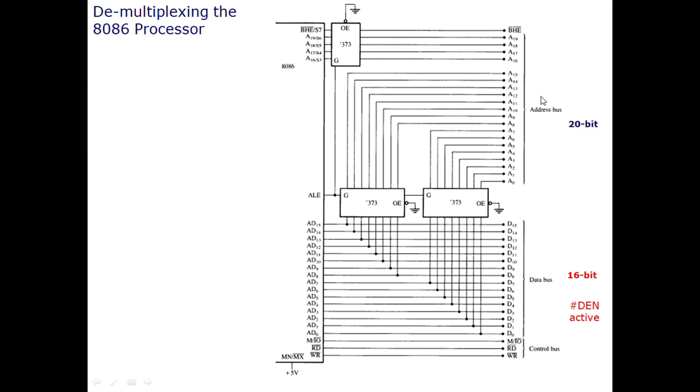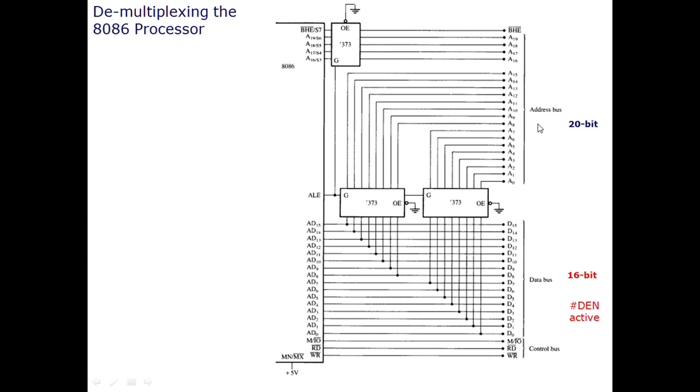So the address is put on this address bus, and these latches will keep the values of these bits stable for some time, so that the 20-bit address is stable on the address bus, and the microprocessor would not need these pins to maintain the value of that address for longer, because the latches do exactly that.